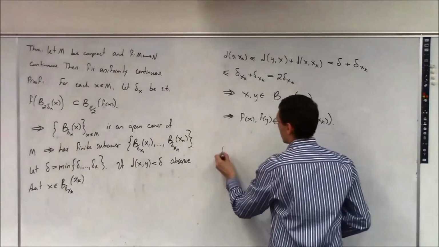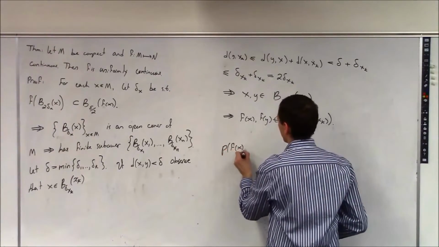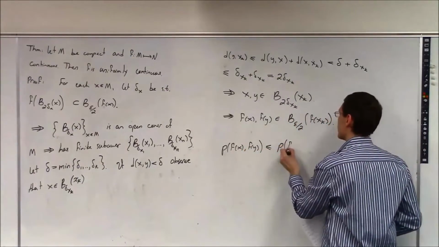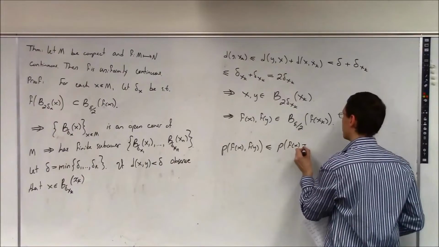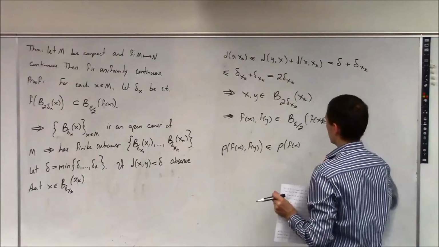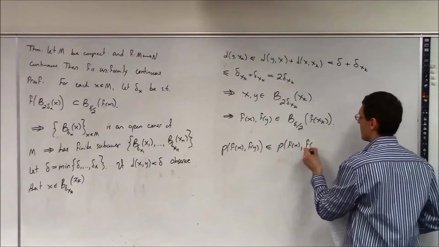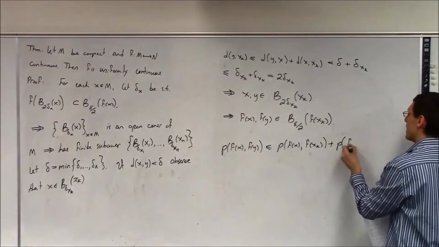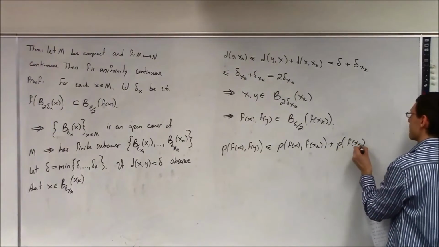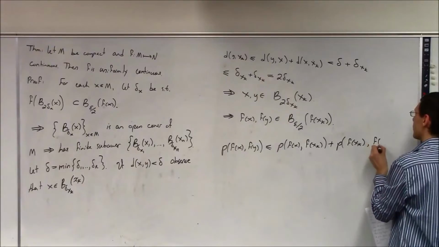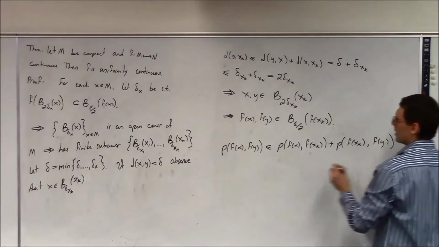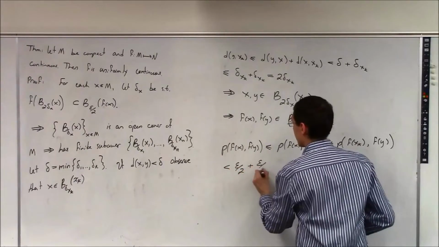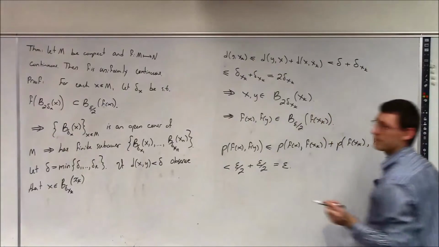So that means that rho of f of x to f of y is less than or equal to rho of f of x to f of x sub k, plus the distance from f of x sub k to f of y, and each of them is less than epsilon over 2, and we're done.